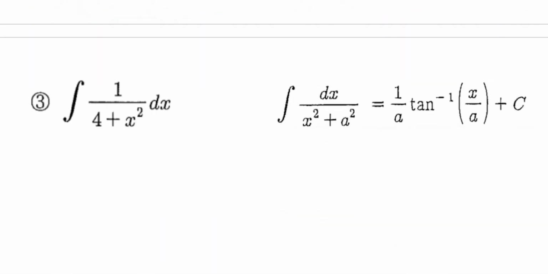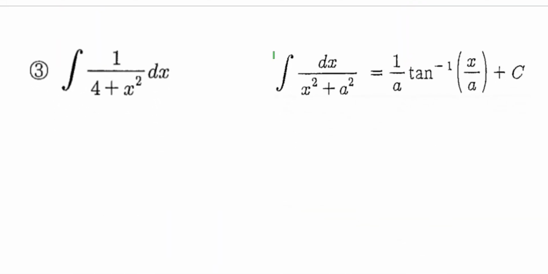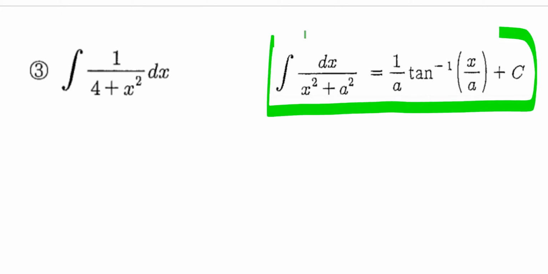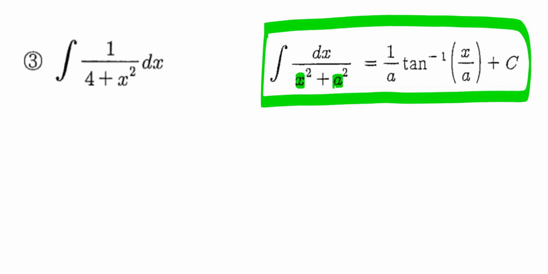Okay, let's move on to a question where I have to use an inverse tan of 1. This one's slightly different because I have x squared and a squared in the denominator, and therefore the formula is going to have a 1 over a in front. So if I take a look at this 4 here, I can rewrite that as 1 over 2 squared plus x squared, and then the integral sign, and then dx.